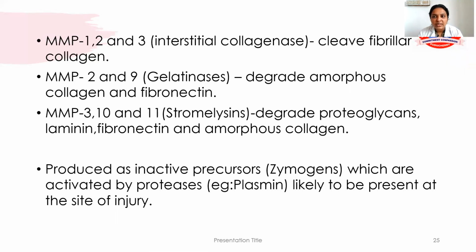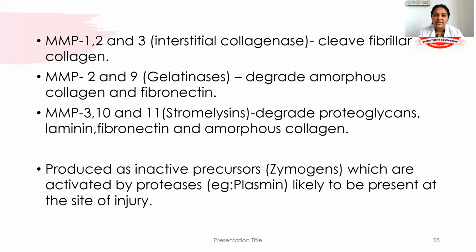There are numerous matrix metalloproteinases. Here we will discuss the important ones. MMP 1, 2 and 3, otherwise called interstitial collagenases, cleave the fibrillar collagen, while MMP 2 and 9, otherwise known as gelatinases, degrade the amorphous collagen and fibronectin.